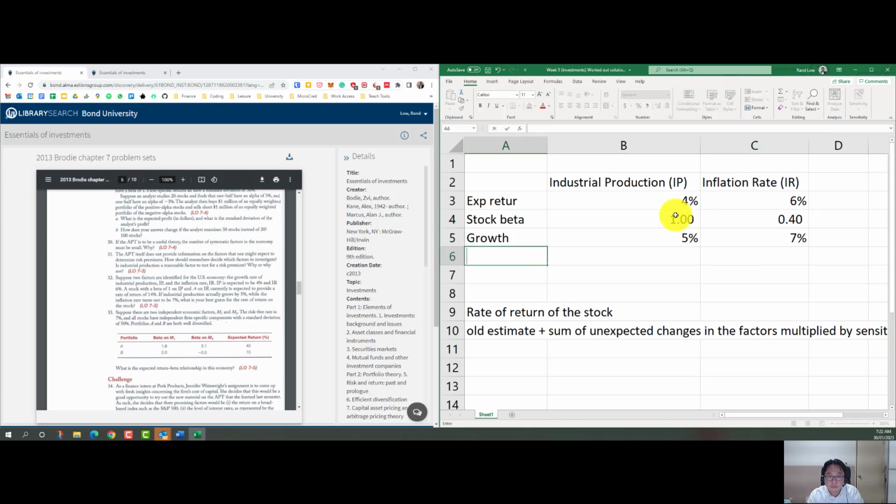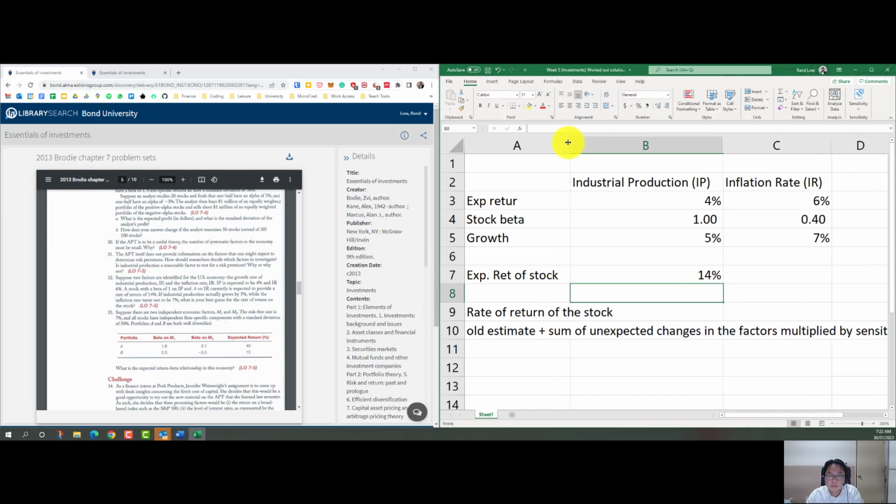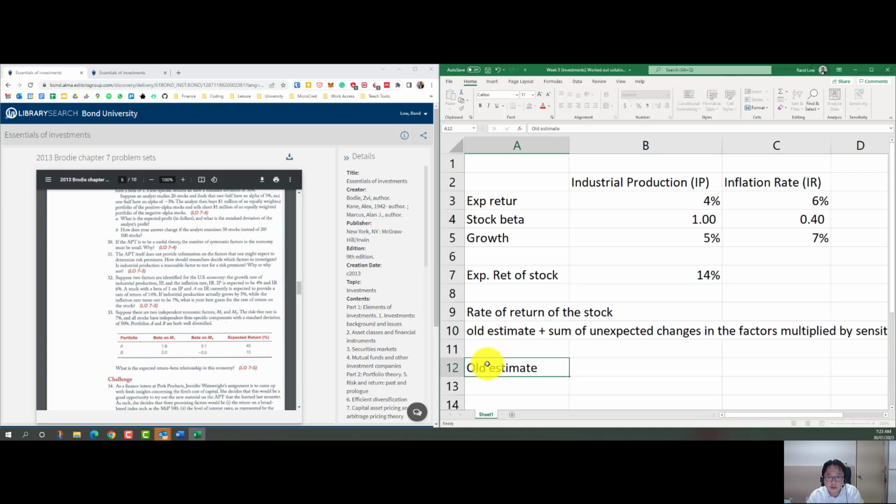So the expected return of the stock is 14%. If industrial production actually grows by 5% and the inflation rate turns out to be 7%, what is your best guess for the return on the stock? The rate of return on the stock is the old estimate, the old expected return, which is 14%, because this is what it originally was.